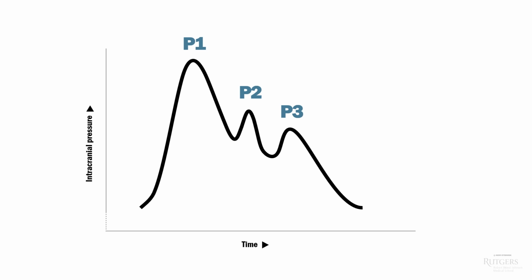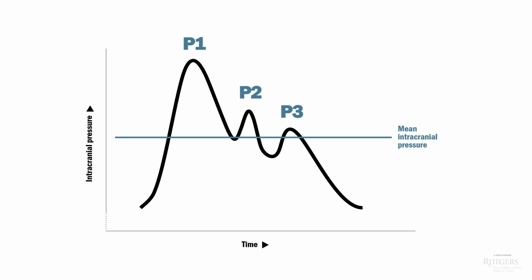Why do we care about the waveform? Intracranial pressure is not a static value. It changes with cardiac contraction, respiration, and intracranial compliance. So, a single measurement of an average pressure every so often does not tell the whole story. What we really want is to estimate intracranial compliance, how well a patient's intracranial compartments can tolerate extra volume without a significant change in intracranial pressure.